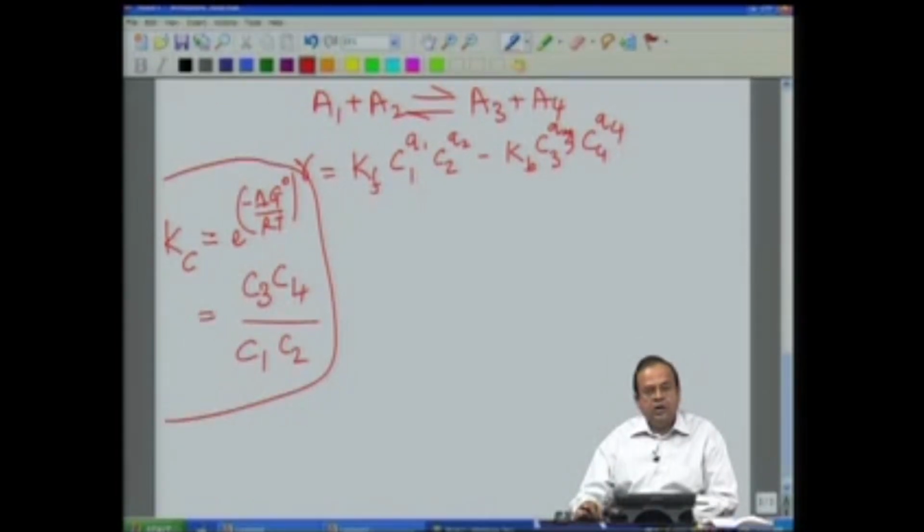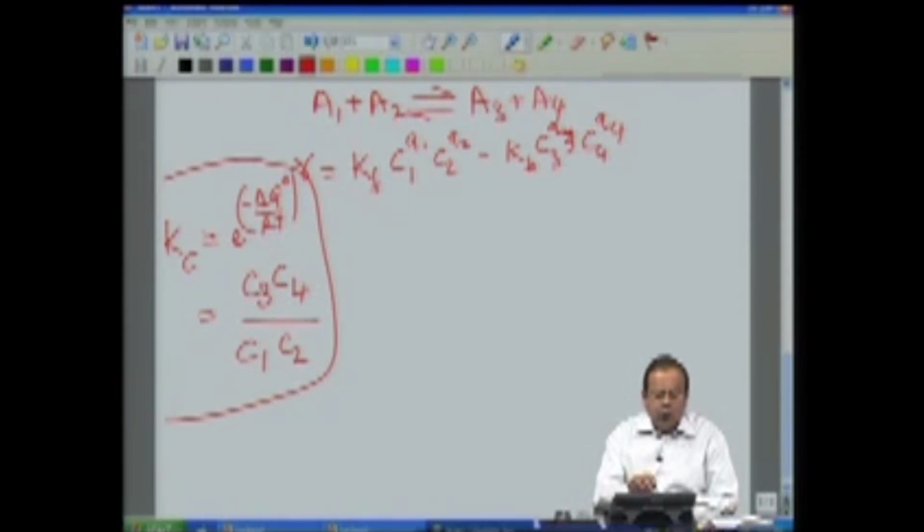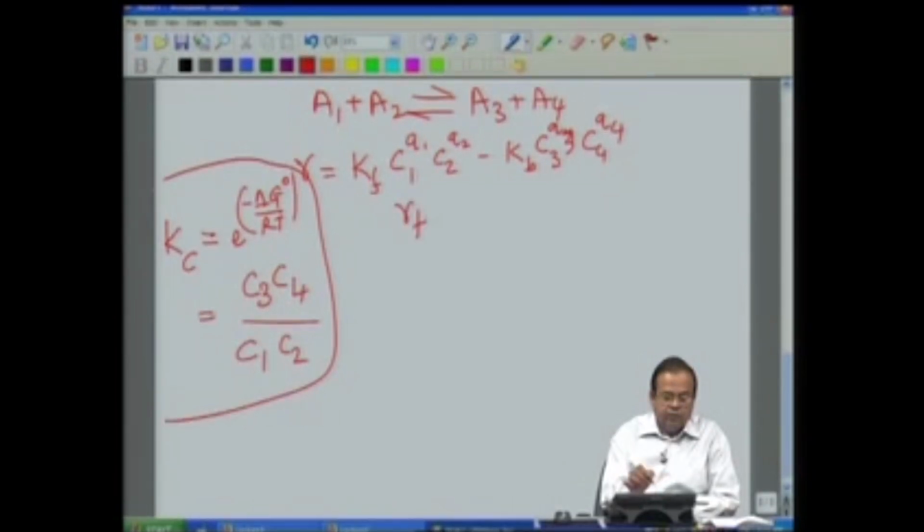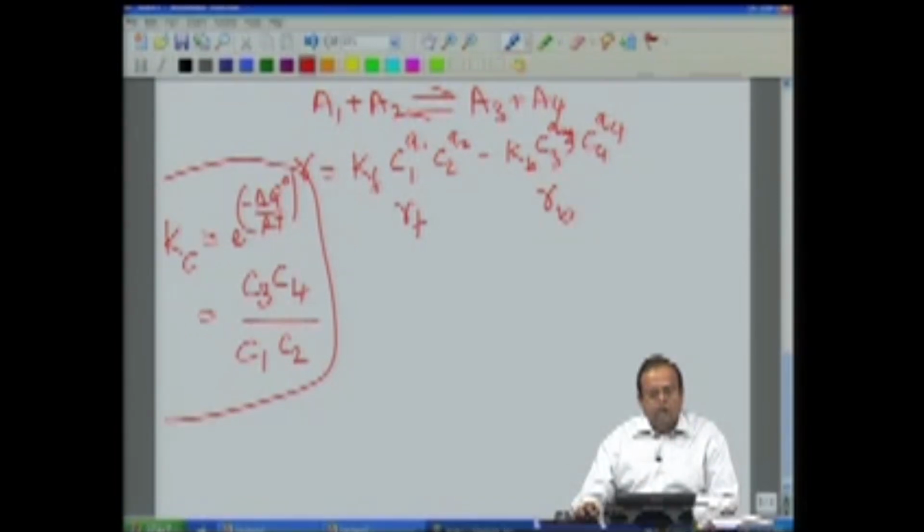Let us visit that equilibrium in a slightly different manner. When this reaction is taking place, what happens? We have forward reaction rate, which is this Rf, and we have reverse reaction rate, which is this Rb. Now, when equilibrium is reached, the process simply comes to a halt, the net process comes to a halt.